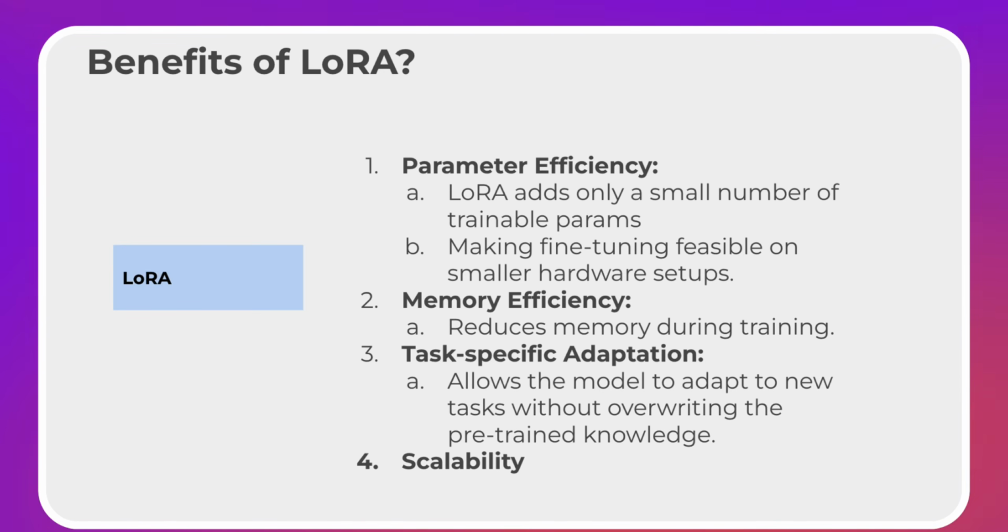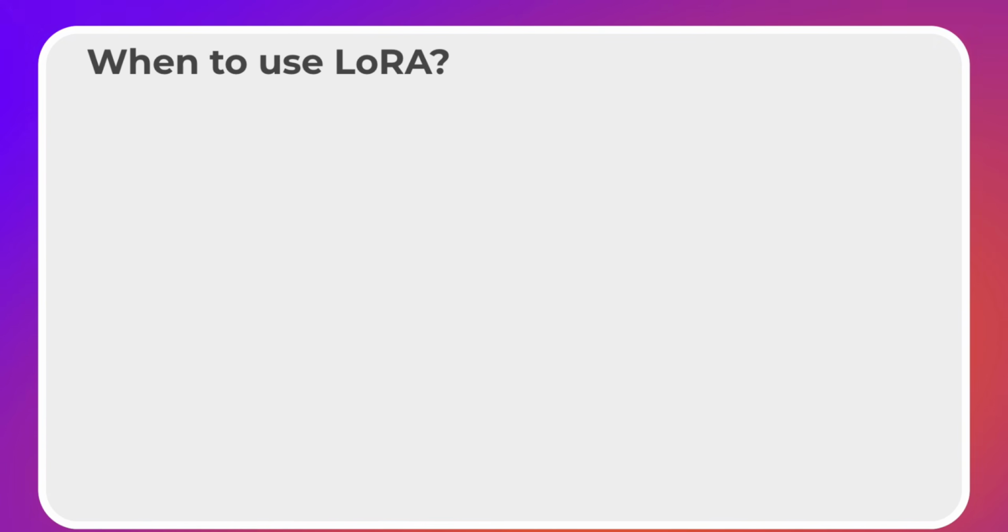Also, we have scalability. That means LoRA can be applied to very large models such as GPT-3, GPT-4, BERT, and many more without requiring massive computational resources. So all in all, the benefits we get with LoRA are parameter efficiency, memory efficiency, task-specific adaptation, and scalability.